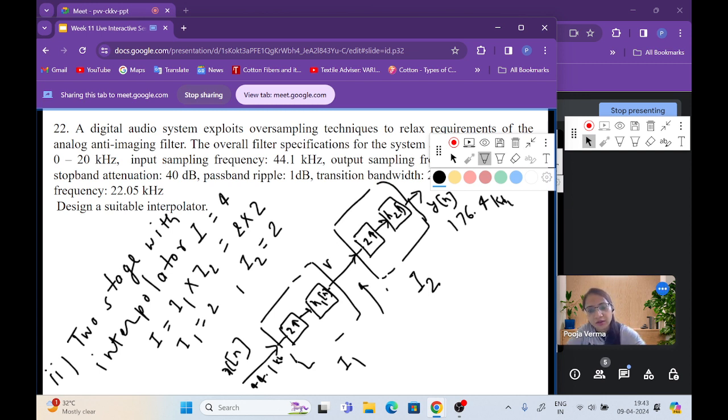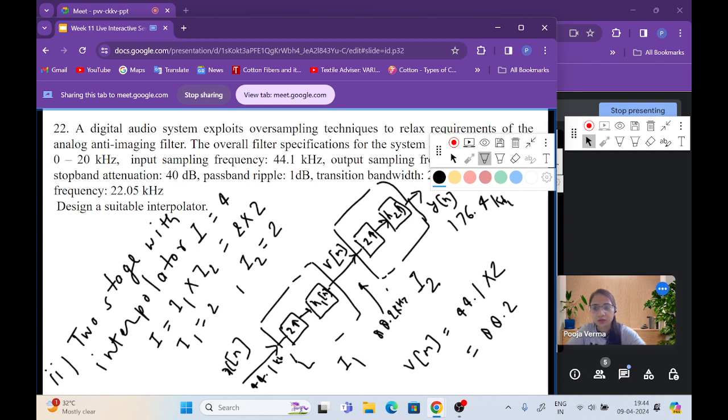It is Vm. What is the frequency of Vm? Input frequency is given 44.1. The interpolation factor is 2. So frequency will be 88.2 kilohertz. If you again multiply it by 2, you will get 176.4 kilohertz. So it is a two-stage interpolator system.